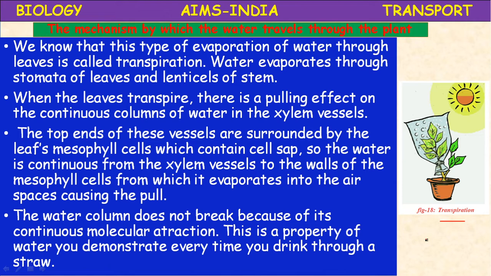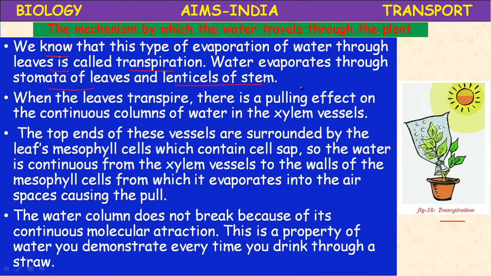Where do these water droplets or water vapor come from? Okay, so we know that this is a type of evaporation of water through leaves. It is called transpiration. The water evaporates through stomata of the leaves and lenticels of the stem.